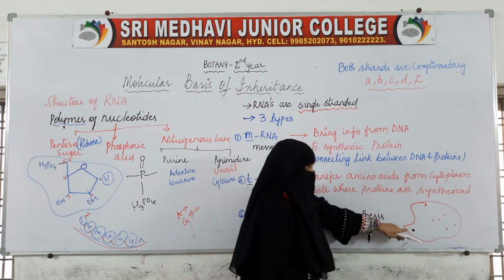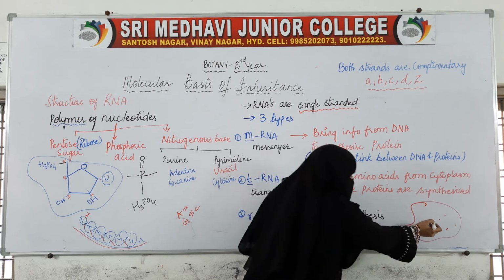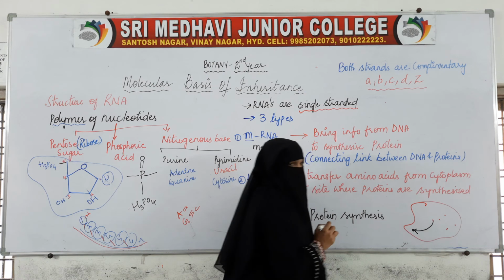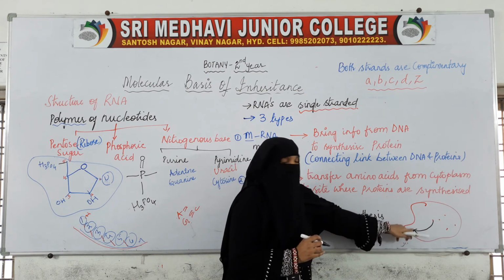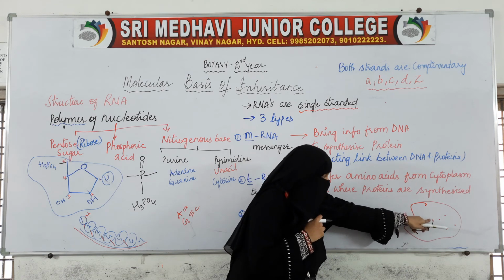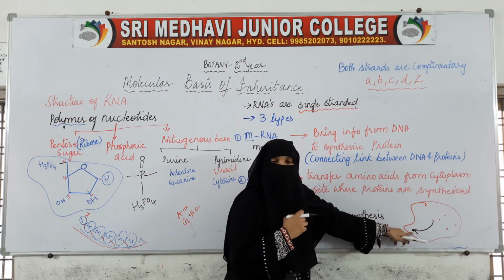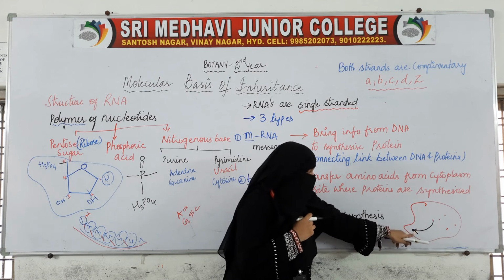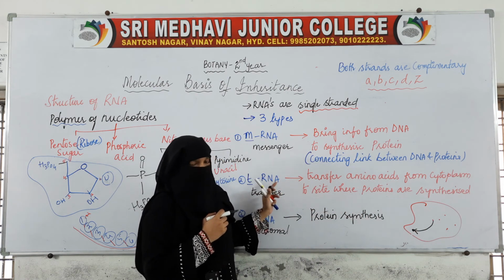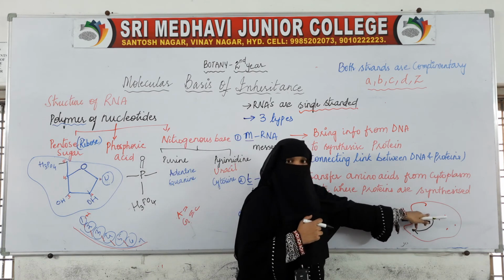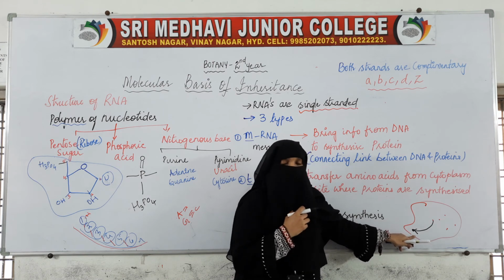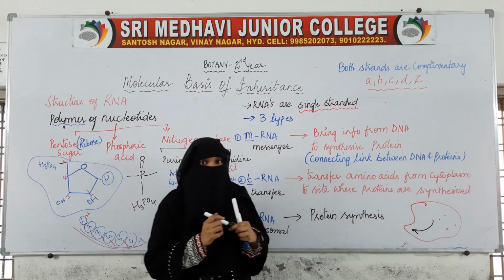So the amino acid from the cytoplasm has to be taken to the place where protein will be formed. This transfer of the amino acid from the cytoplasm to the place where proteins will be synthesized is done by tRNA, that is transfer RNA. It transfers the amino acid from the cytoplasm to the site where the proteins will be synthesized.